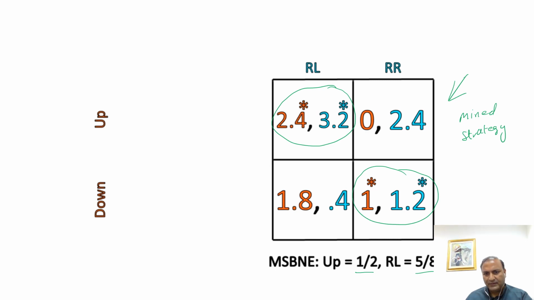You can practice it and show me your result. So it will be 1/2, and then 5/8 and 3/8 is the mixed strategy Bayesian Nash equilibrium. So we found 3 Nash equilibria, 2 in pure strategies and 1 in mixed strategy.